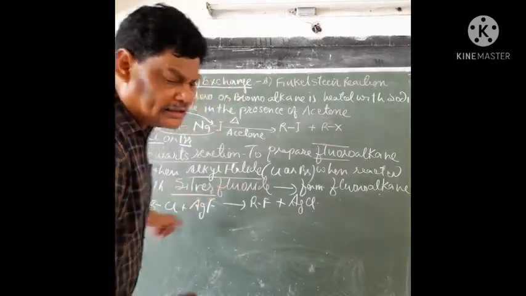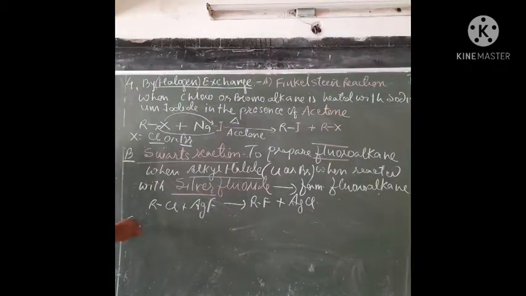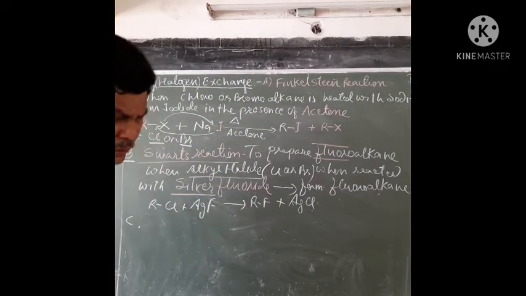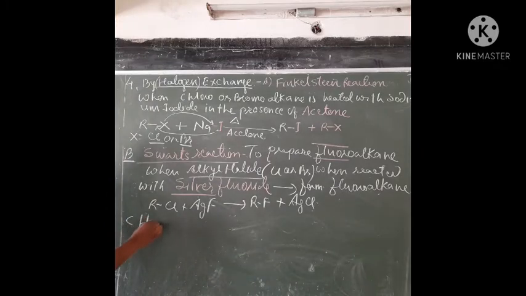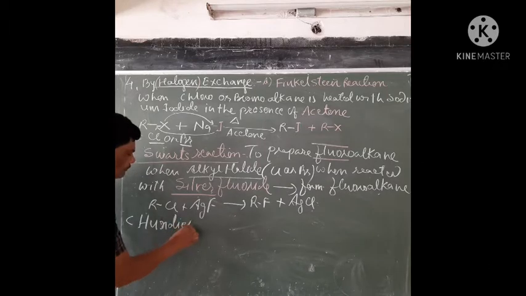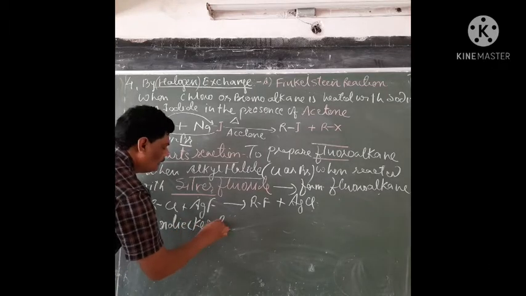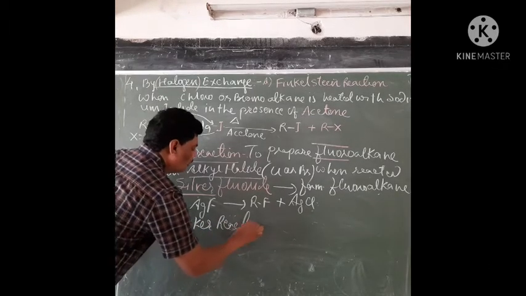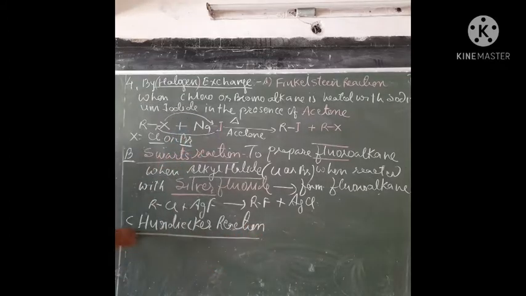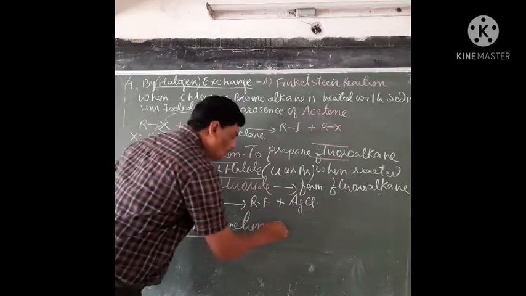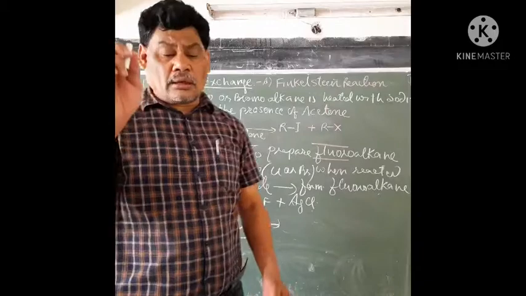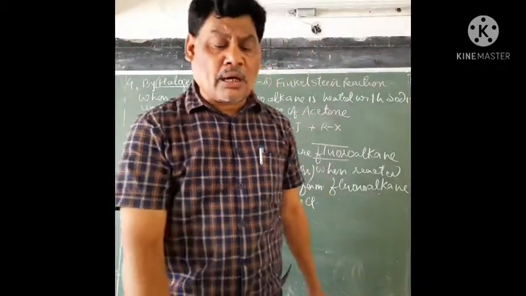So student, it is one of the very important reactions. One more reaction is there. This is called number C. The reaction is called Hunsdiecker reaction. Now, what is Hunsdiecker reaction? It is often asked for one mark.